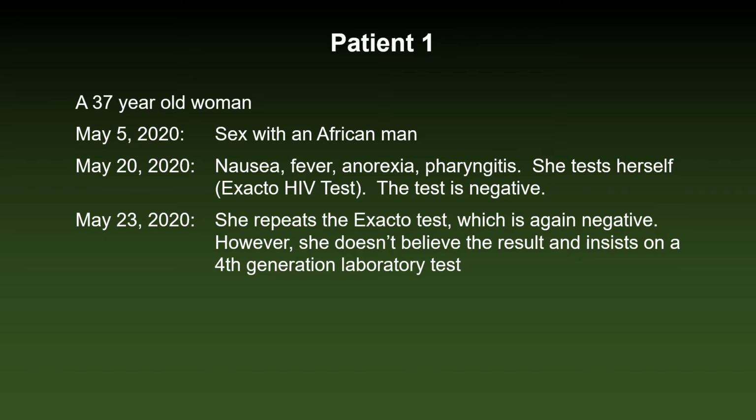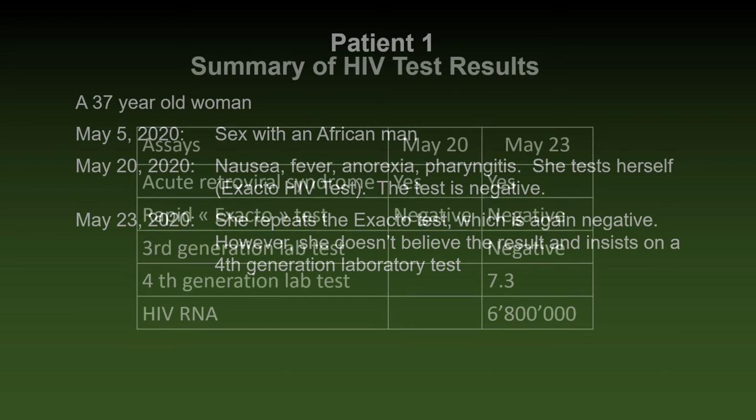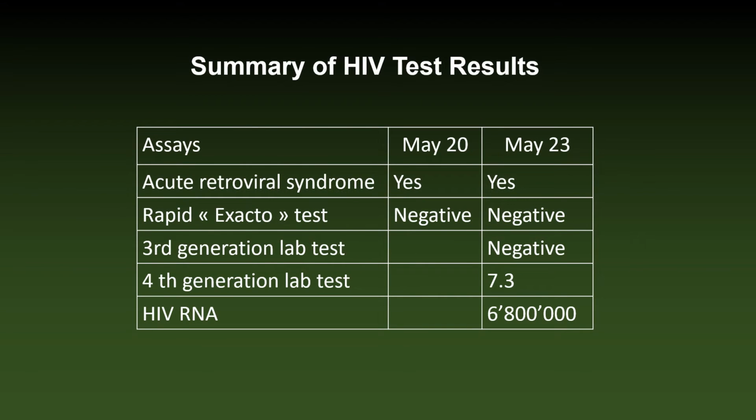However, she doesn't believe the result and insists on a fourth-generation laboratory test. Note that on May 23rd, the rapid test is still negative, as is the third-generation lab test. However, the fourth-generation lab test is positive and the viremia is very elevated.